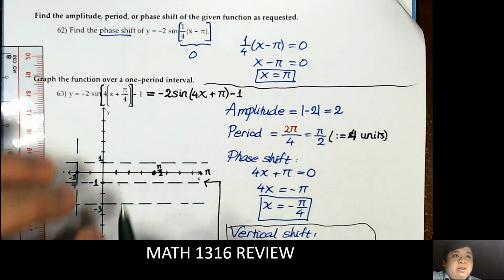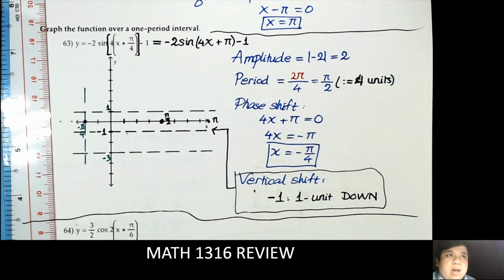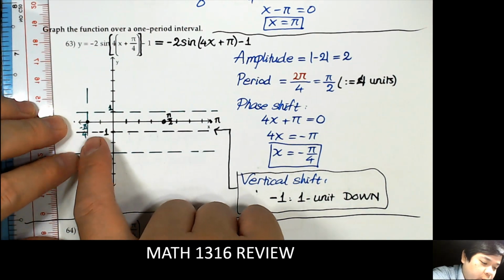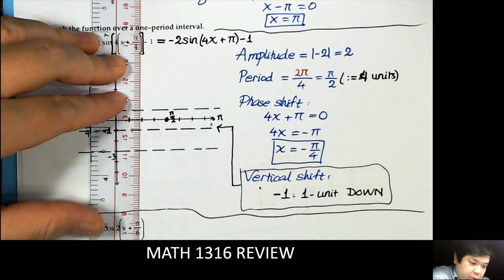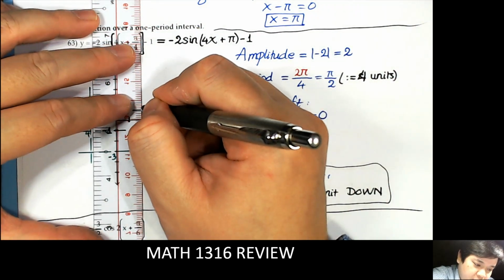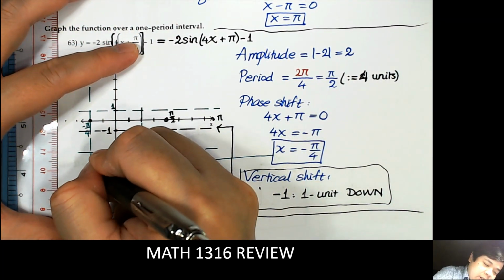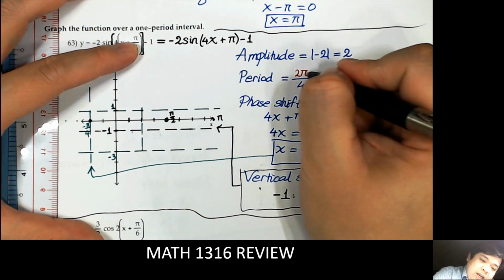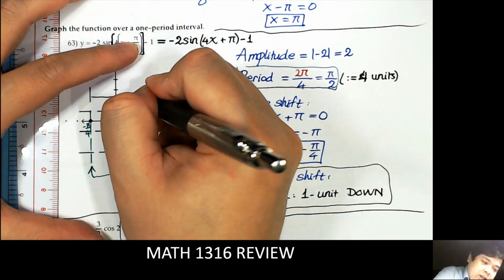Pi over 4 is half of that. Right. A period is 4 units, so we're going to go 4 units. 1, 2, 3, 4. So this will give us 1 period. So the phase shift is where we start here, and the period of pi over 2 is this length.